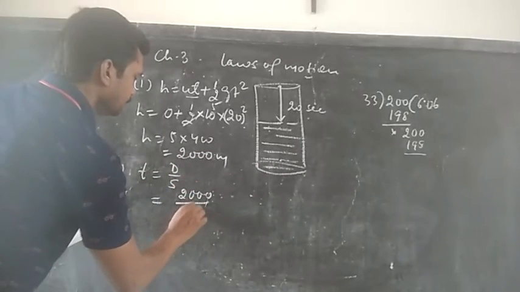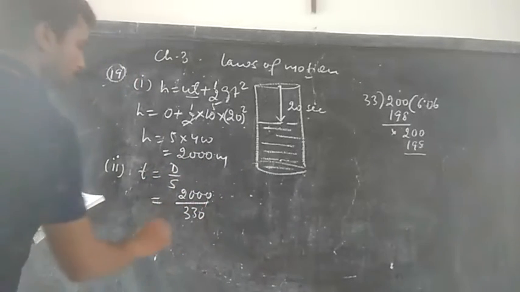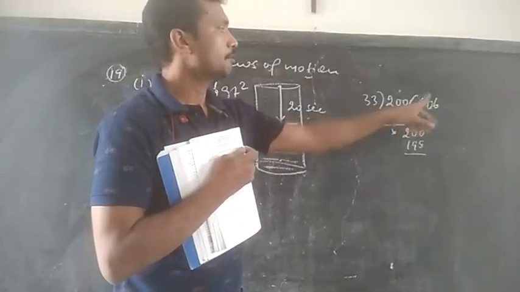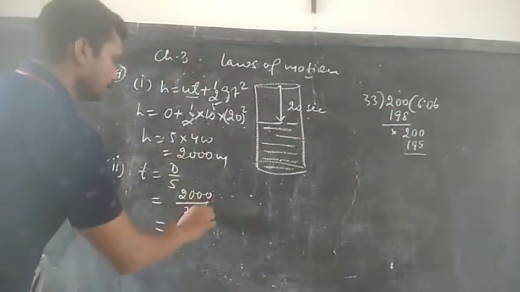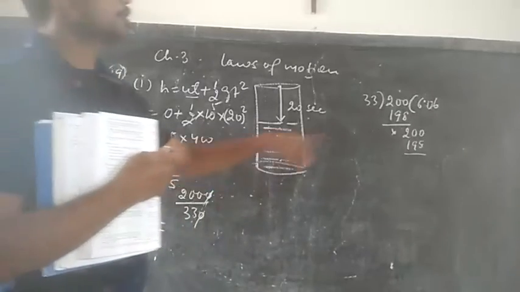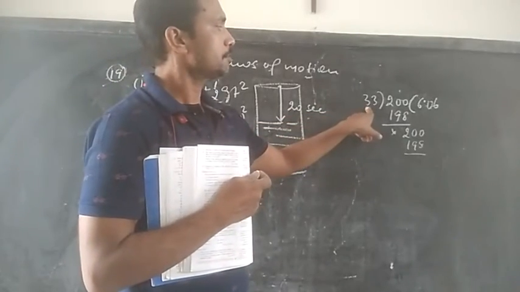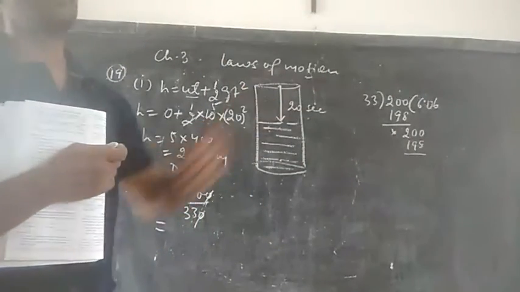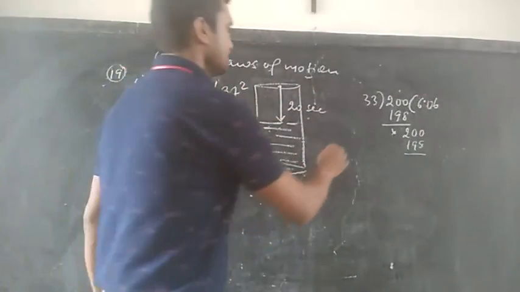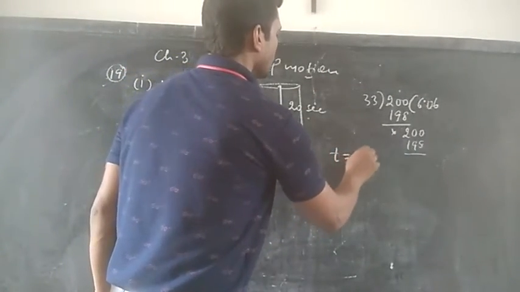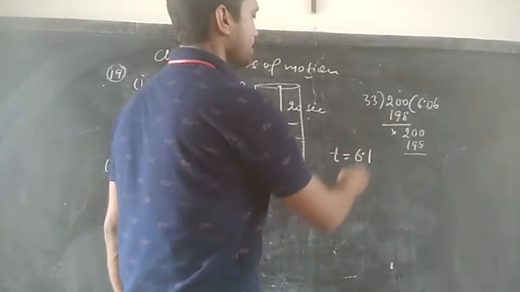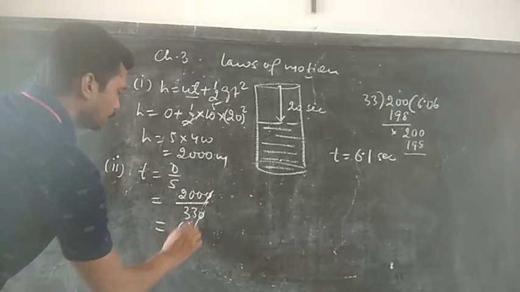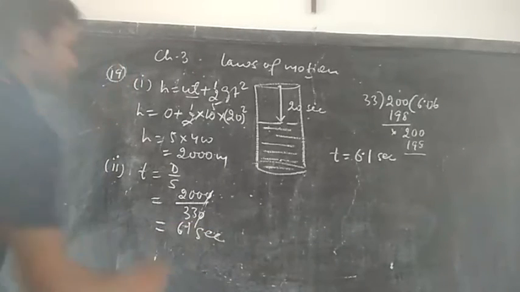Distance is the height, which is 2000 meter, and the speed is 330, given. So when I divide 2000 by 330, the 0 will be cancelled, so it becomes 200 divided by 33. So 200 divided by 33 gives 6.06, which can be written as 6.1 seconds.